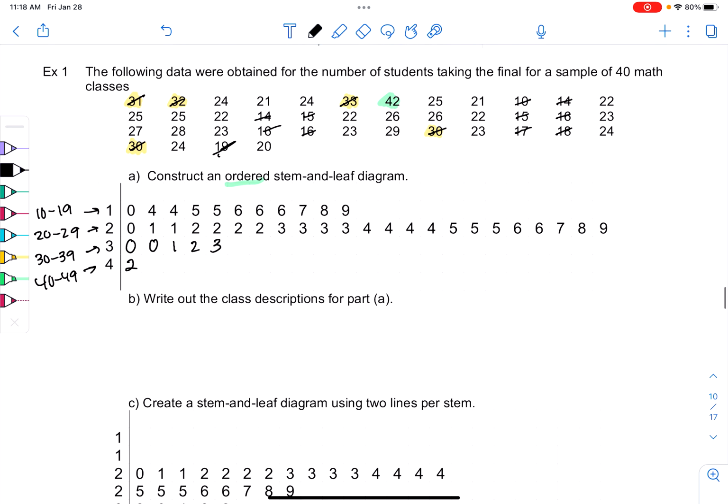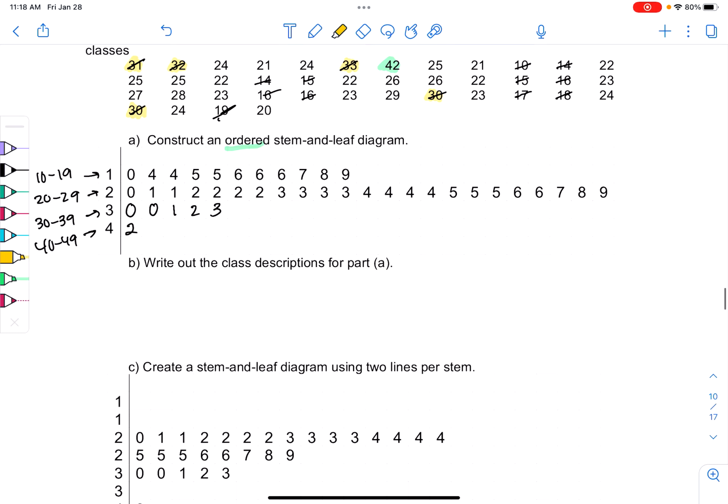All right, so let's talk about a new question. Write out the class descriptions. So the class descriptions are like what we put in those frequency tables when we said classes. This is like that first column in a frequency table. Like what would we write?